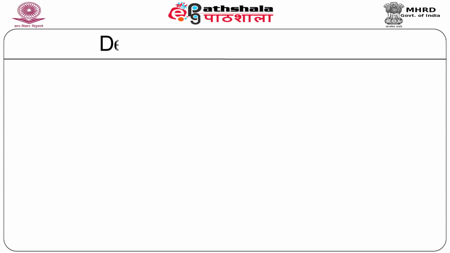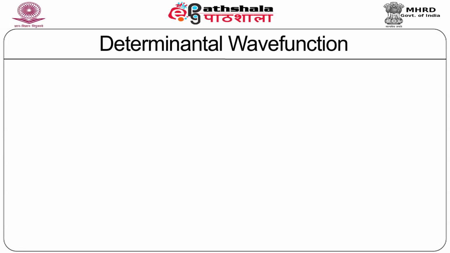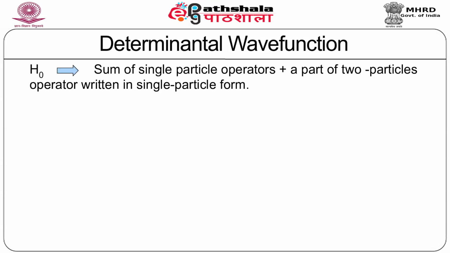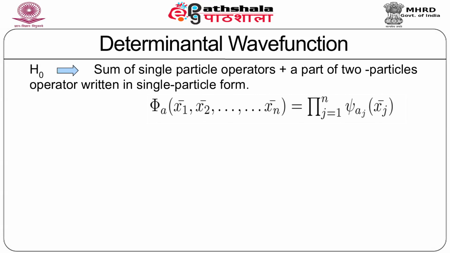As discussed in the previous lecture, the Hamiltonian H0 contains a sum of single particle operators and a part of the two particle operator written in a single particle form. Following this, in the Hartree theory, the wave function is written in a product form.